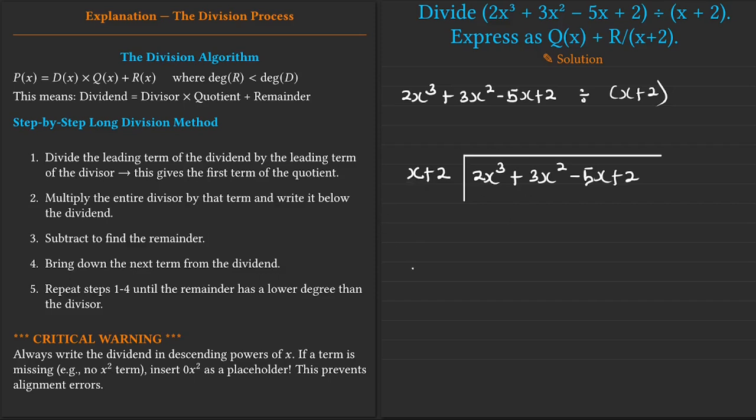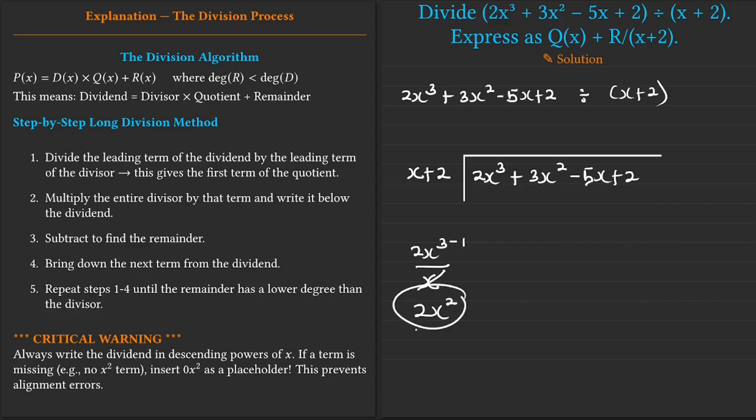So what it means is let's divide 2x cubed by x. So the leading term here divided by the leading term here. If you divide, this x takes out one of the x's here, so that we have 2x raised to the power 2.